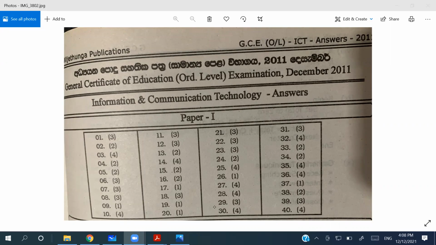Anyone who has not done this yet? Okay, so quickly mark it and send me the incorrect answers, right? Like the incorrect question numbers.